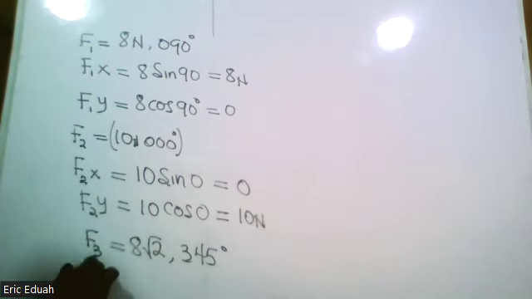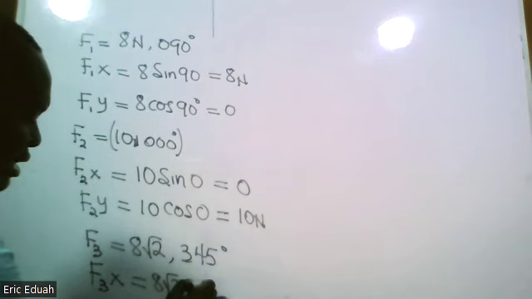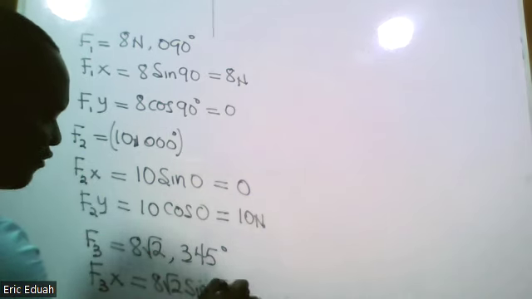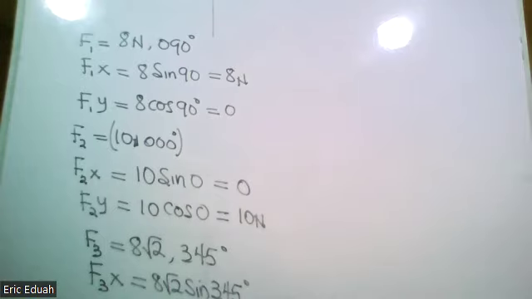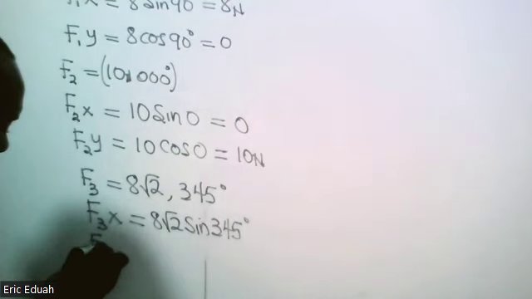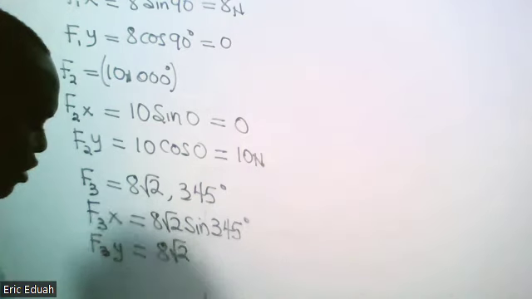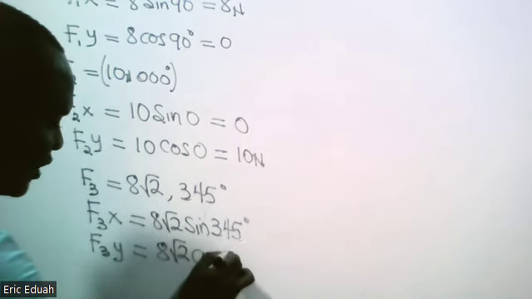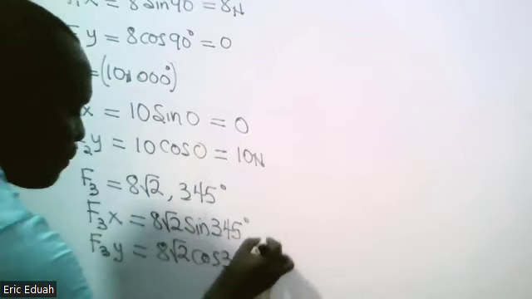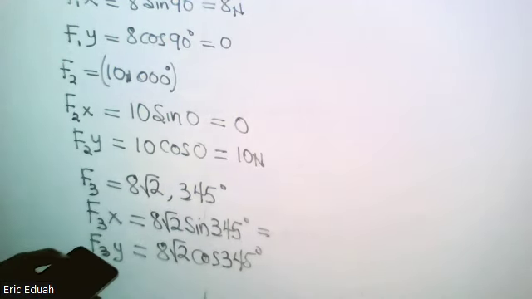So F3x would be 8 root of 2 sine 345, and F3y is 8 root of 2 cos 345. Please, what is 8 root 2 times the sine of 345? Confirm for me.